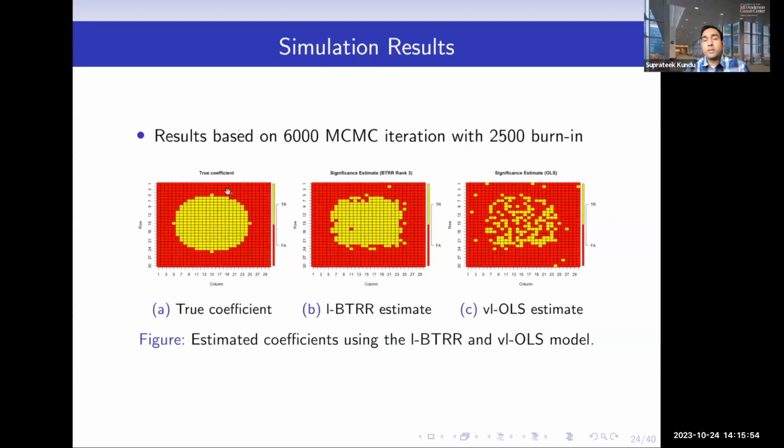You can see here, if this is the true coefficient, then the proposed approach is broadly able to get at that shape, whereas the voxel-wise approach really doesn't do a good job. It's very scattered. This gives you some sense of how the voxel-wise approach does. And this happens because the tensor is able to preserve the spatial configurations of the voxels, as we talked about.